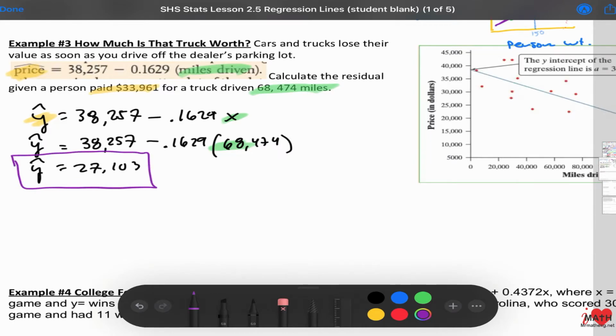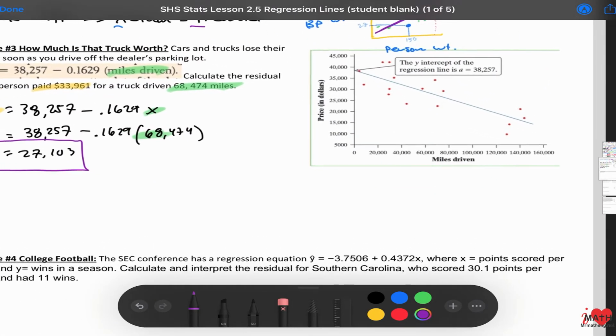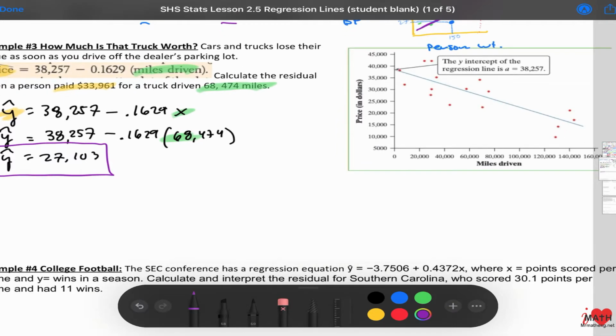Okay, so let's review. You basically bought a used car, and the formula is going to help us predict it. Let's look over here. Let's graph that ordered pair, 33,961, somewhere around here, and then the miles, so 68,000.